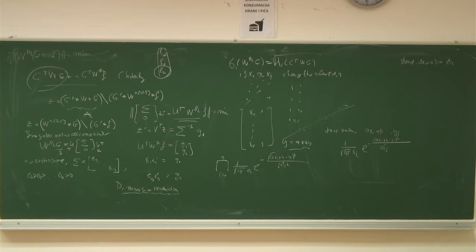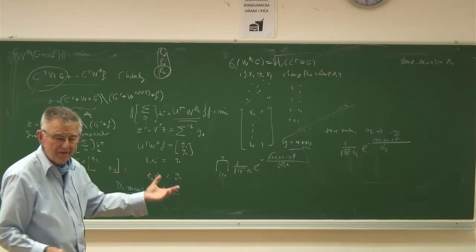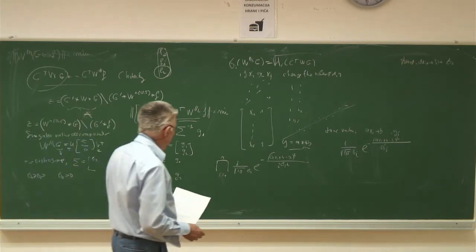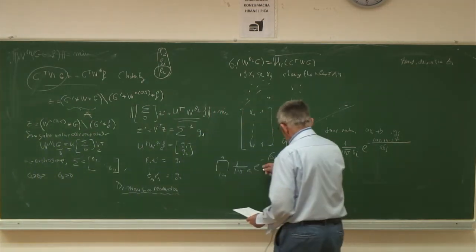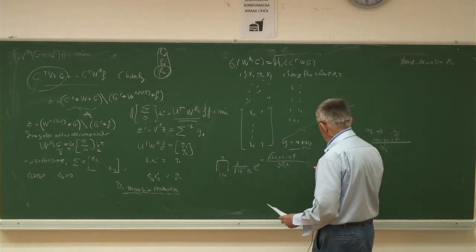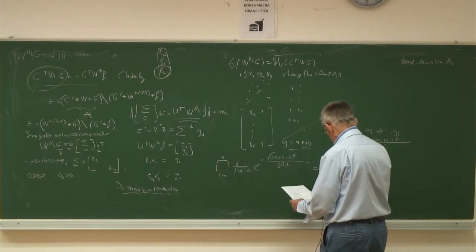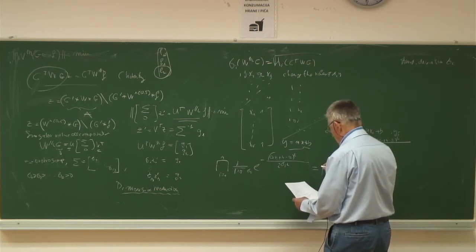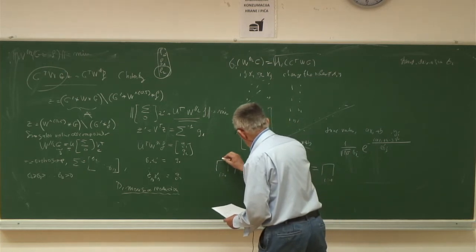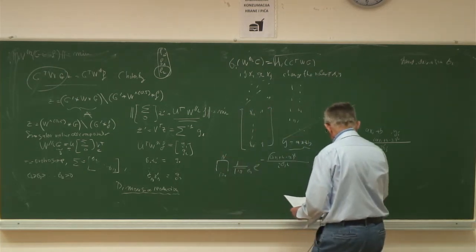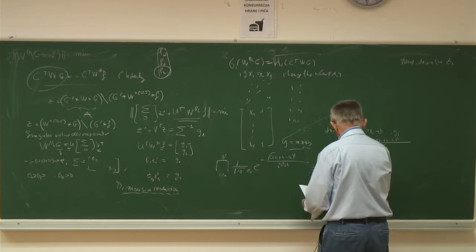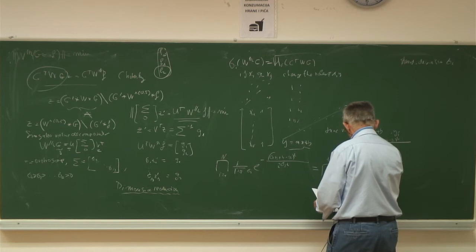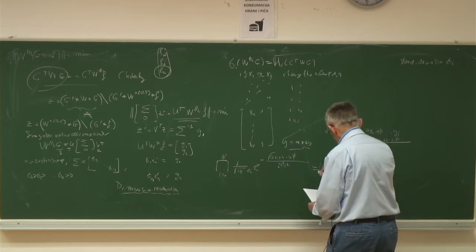Now, when is this probability maximal? When this is minimal. Now this is simple. The number of points is always capital N. The factor 1 over square root of 2 pi sigma_i is now a constant.